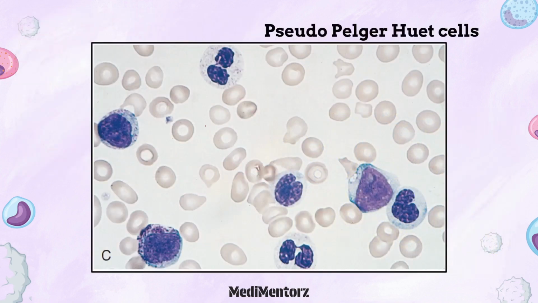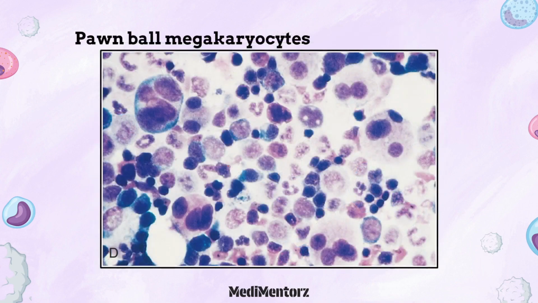Next, the dysmyelopoiesis shows the presence of pseudo-Pelger-Huët cells, which are nothing but hyposegmented neutrophils with only two nuclear lobes, and the presence of myeloid blast cells. Next, the dysmegakaryopoiesis shows the presence of pawn ball megakaryocytes with three or more separate nuclei.